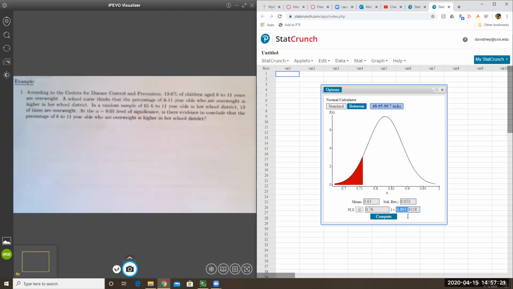A school nurse thinks that the percentage of 6 to 11-year-olds who are overweight is higher in her school district. In a random sample of 65 6 to 11-year-olds in her school district, 13 of them are overweight. At the alpha equals 0.01 level of significance, is there evidence to conclude that the percentage of 6 to 11-year-olds who are overweight is higher in her school district?